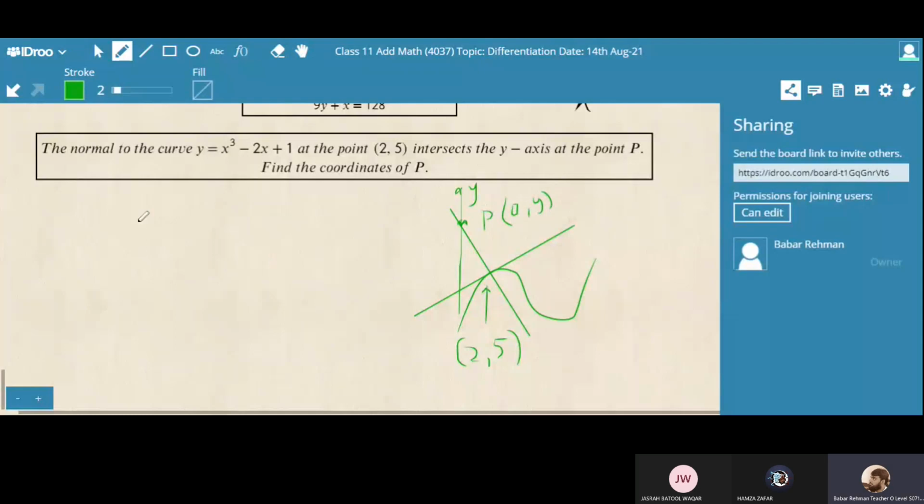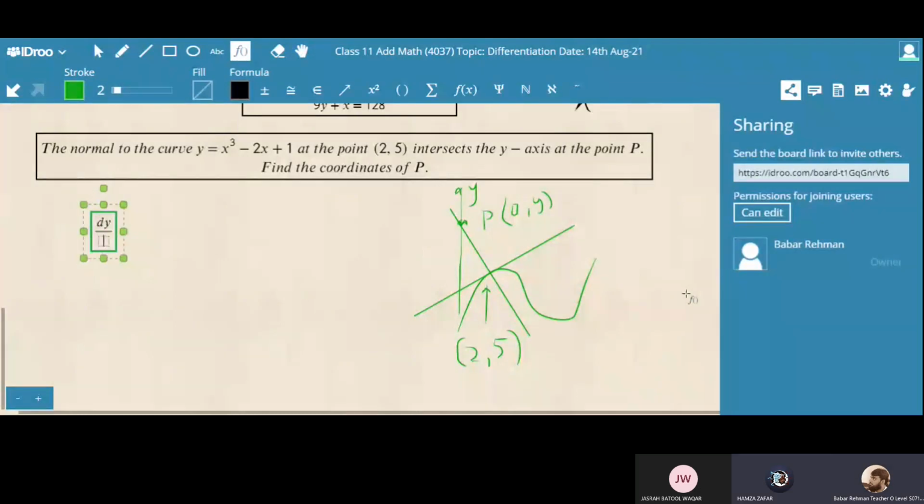Yes, Hamza Zafar, what is the gradient you have found? What is the derivative you have found? So the derivative is 3x square minus 2.